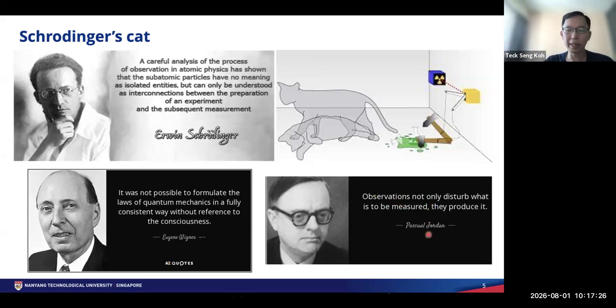Someone like Pascual Jordan thought that the act of observation, instead of showing what's being measured, actually produces the measurement. These are very unphysical ideas, and they give rise to what is called new age mumbo jumbo. On the internet you have quantum healing and all these unfounded claims without basis, but they sound deep and appealing to people.